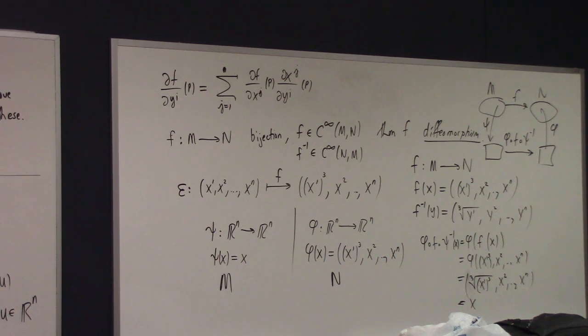Now the maximal atlas for M or N has many, many more charts, but we don't care. It suffices to check this, and these charts cover the whole shebang, so that proves it's a diffeomorphism. Which proves that R^n with the standard smooth structure and R^n with the weirdo cube structure are diffeomorphic. They're the same smooth structure in that sense, even though the chart of the one is not compatible with the charts of the other.